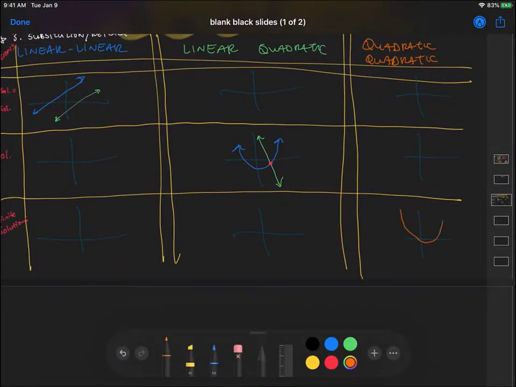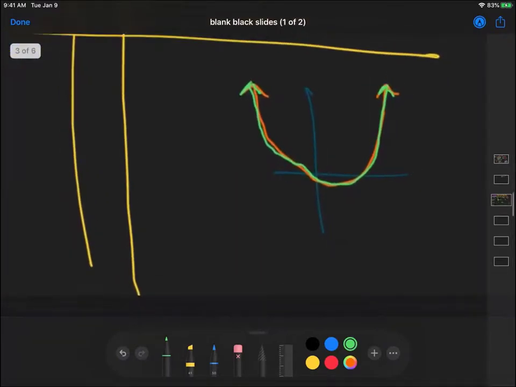So here's my one graph. Here's the second one. It's gonna go fast. Whoa, why is that the case? Because the points of intersection are every single point. I can draw dots all day long.